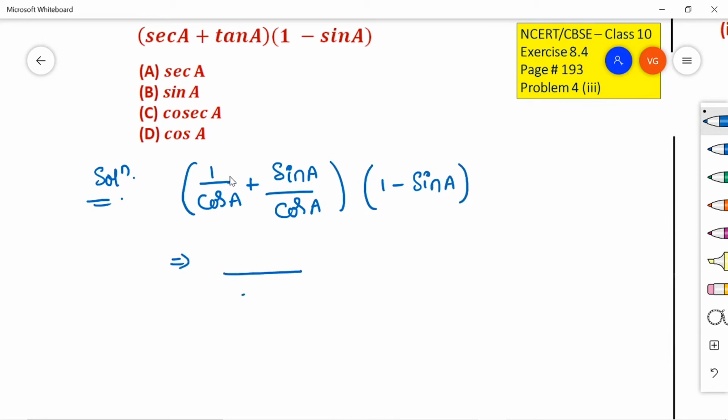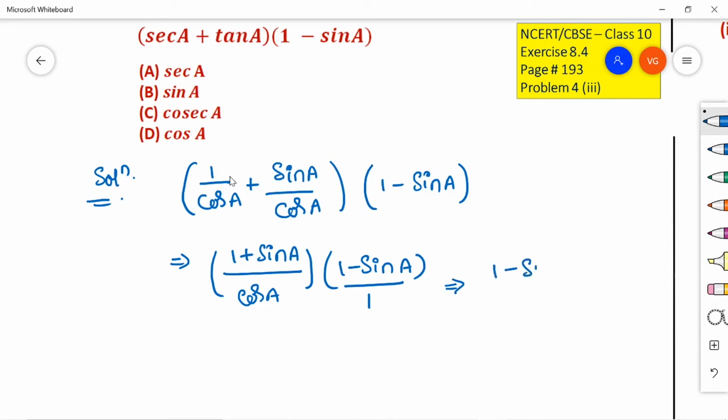So the denominator here we have cos A. So the numerator will be 1 plus sin A. This whole thing is now multiplied by 1 minus sin A. So if you see here, I don't have anything in the denominator, that I can write as 1. So both the numerators we can multiply here. This is of the form a plus b into a minus b, that we can write as a square minus b square. So I am writing it as 1 minus sin square A divided by cos A. Right?